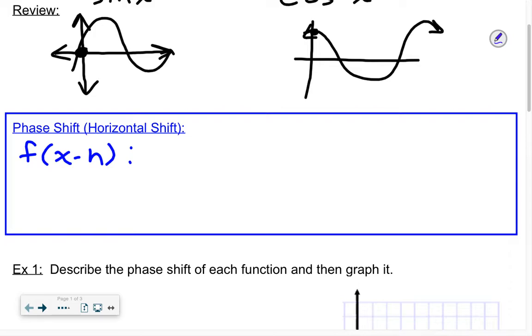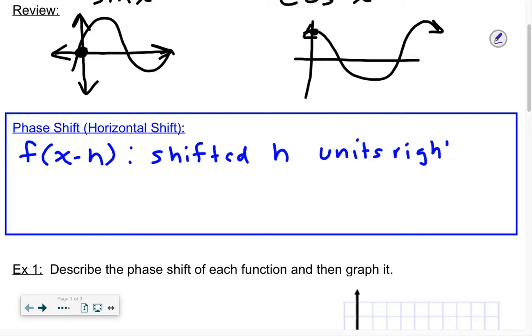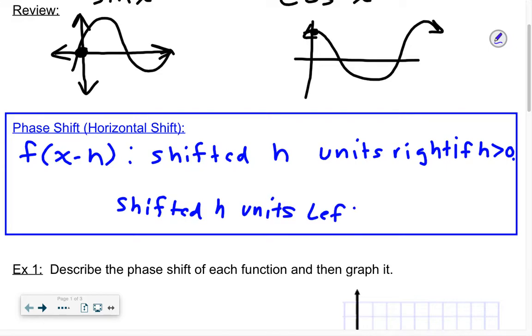If we look at the inside of the parentheses, that h value, we shift h units, let's start to the right, if that h value happens to be greater than 0. If we want to go to the left, that would mean our h value was less than 0.